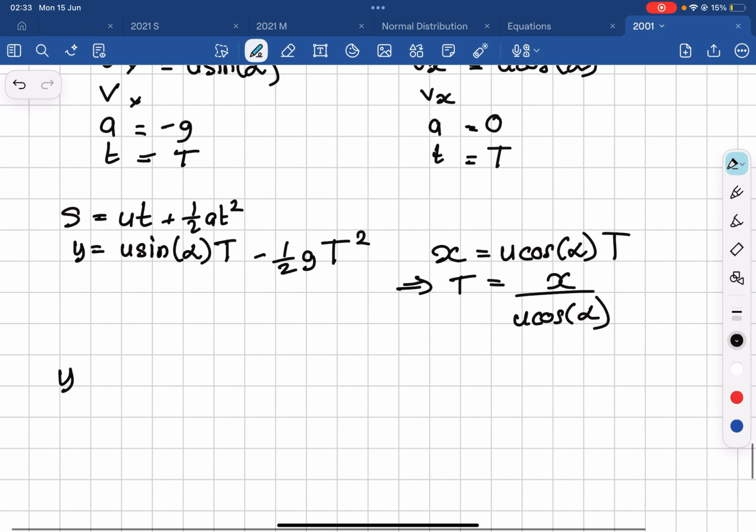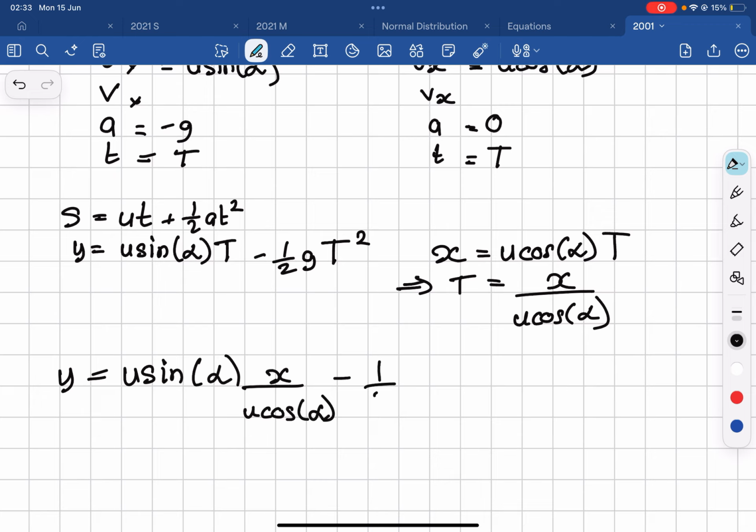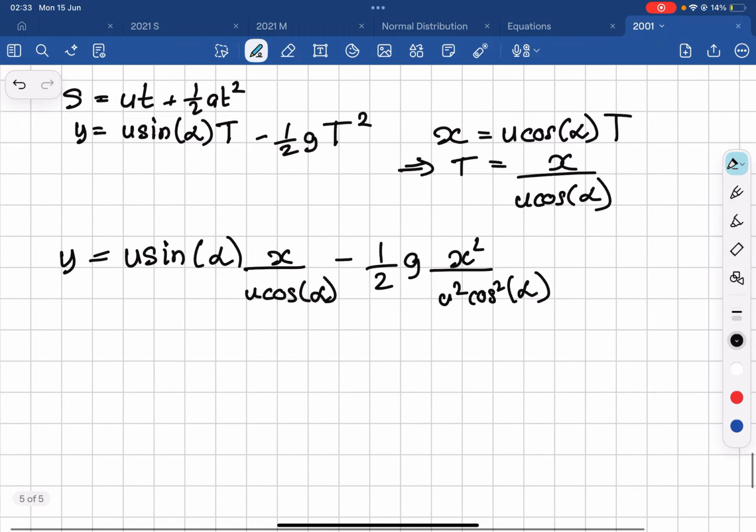Now sub this into our vertical equation, so we have u sine alpha times x over u cos alpha, minus a half g x squared over u squared cos squared alpha. Now if you simplify this, y equals, u over u cancels.